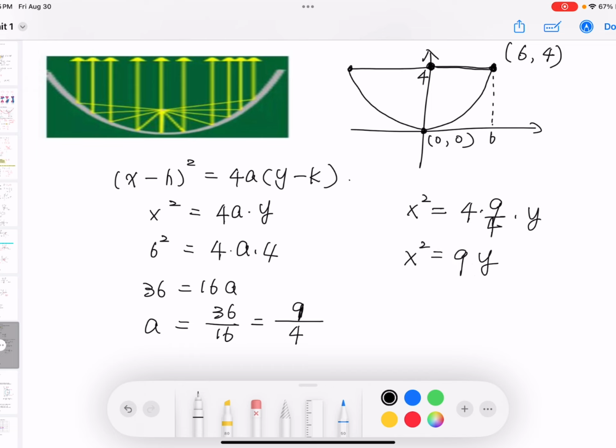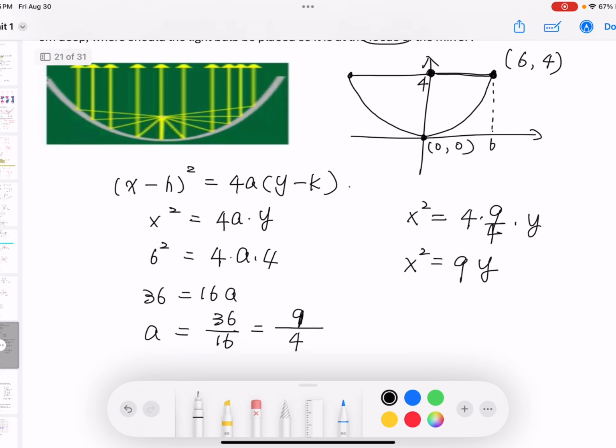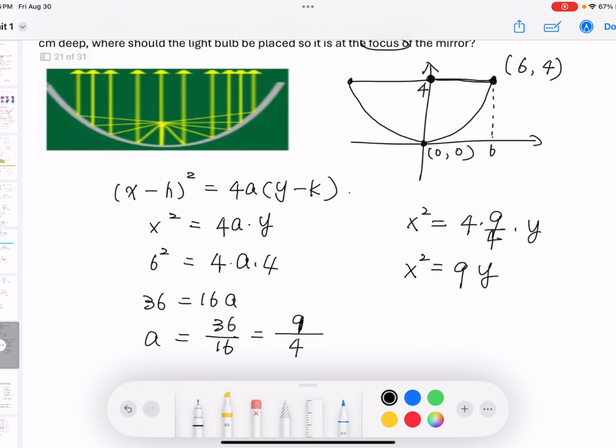Okay, so we're not only looking for the equation, we are looking for the focus, so I can put my light bulb there. So what is the focus? For example, we just say our focus is here. I don't know where it is, but let's put a point there. It must have the same x value as my vertex, so I put a 0 here. Move up a units, or we say the absolute value of a.